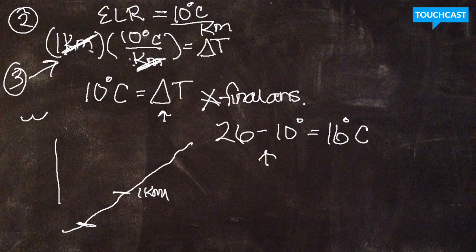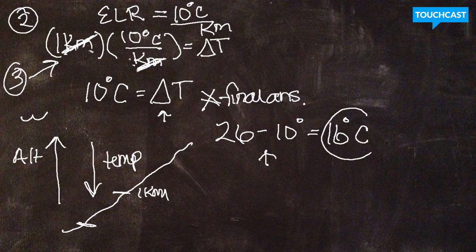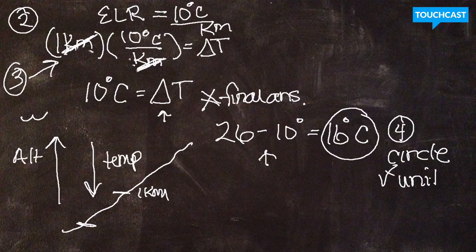Well, anytime you go up, the temperature is going to go down. So as you go up in altitude, the temperature is going to go down. So the final answer is 16 degrees Celsius, and step 4 is always to circle your answer and check your units. Now let's do another one here in a little bit.